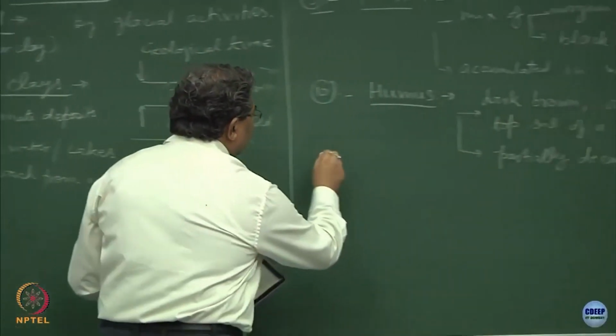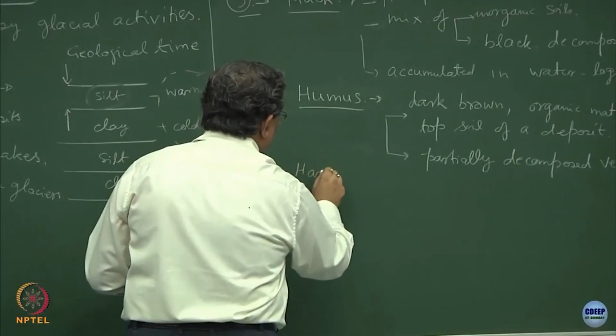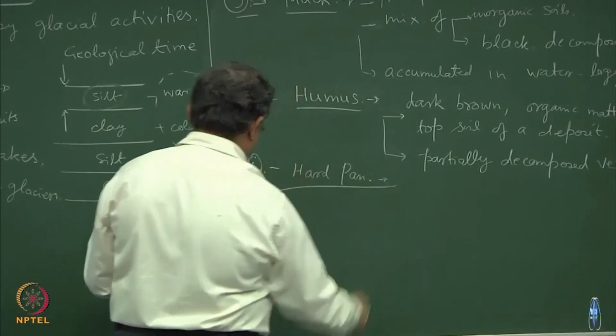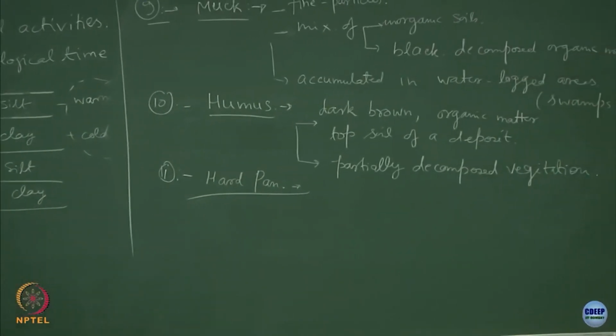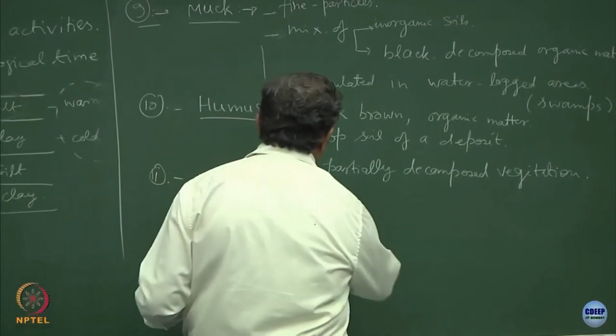Then there is another category, hard pan. As the name suggests, these are going to be hard deposits and sometimes mistaken as rocks.